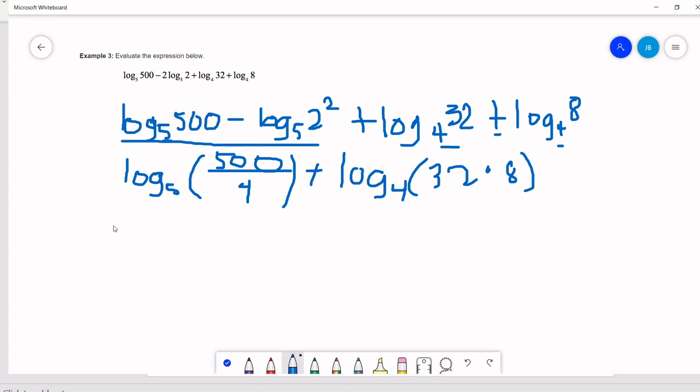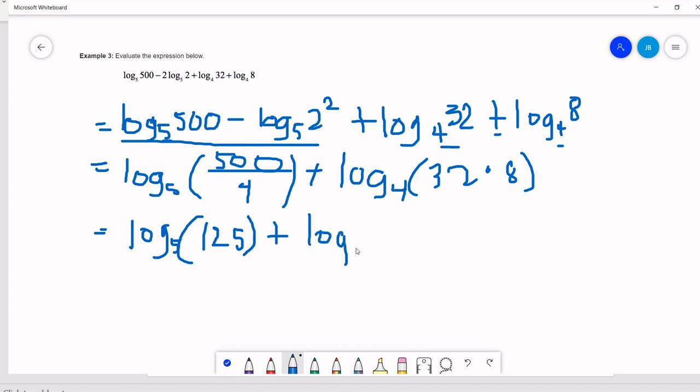Let's simplify. Log 5: 500 divided by 4, that's 125. Plus log 4 of 32 times 8. Let's calculate. That is equivalent to 256.